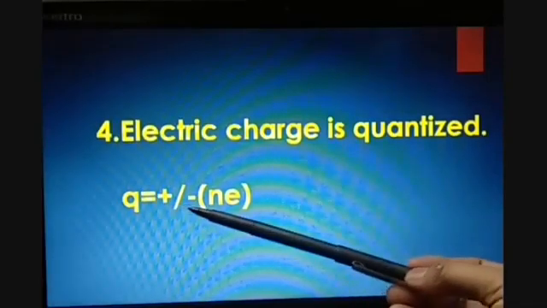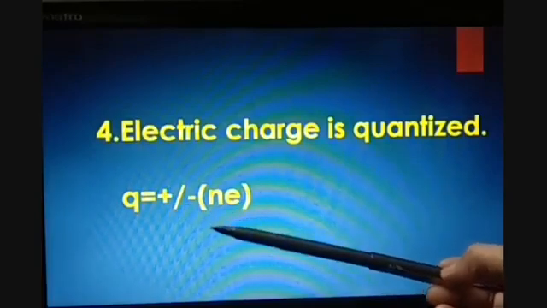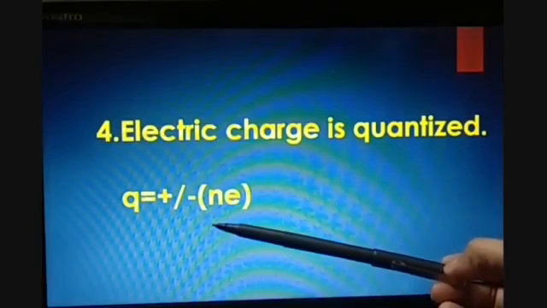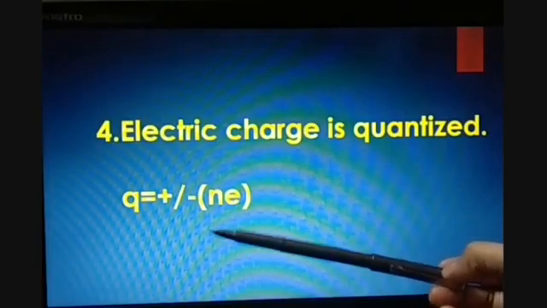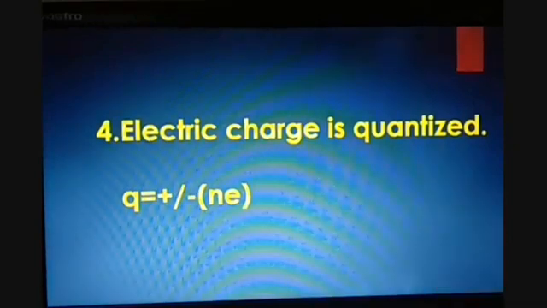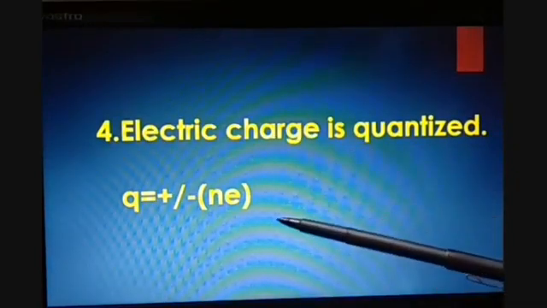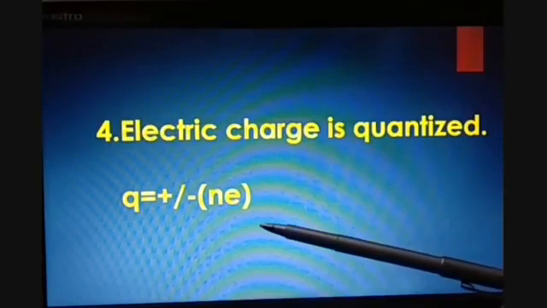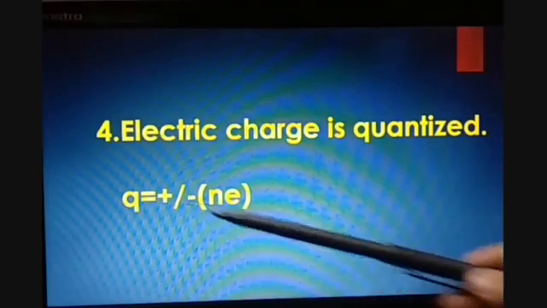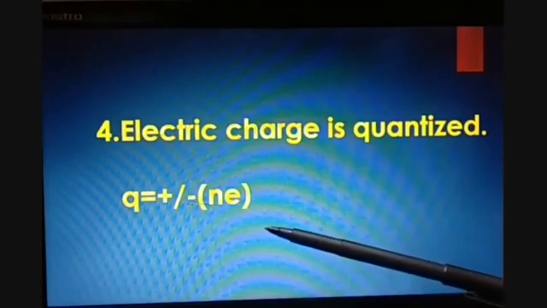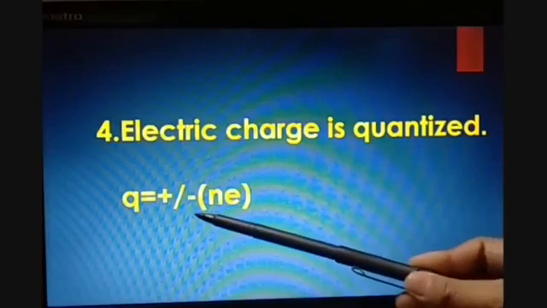This plus and minus sign indicates that when there is an interaction in such a way that attraction between two charges is there, then it will be positive. If there is a repulsion between two types of charges, then it will be negative.